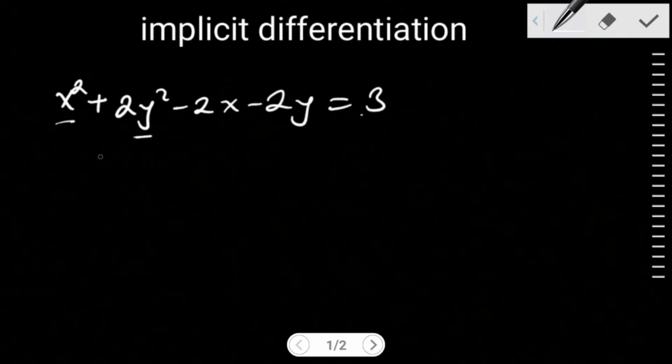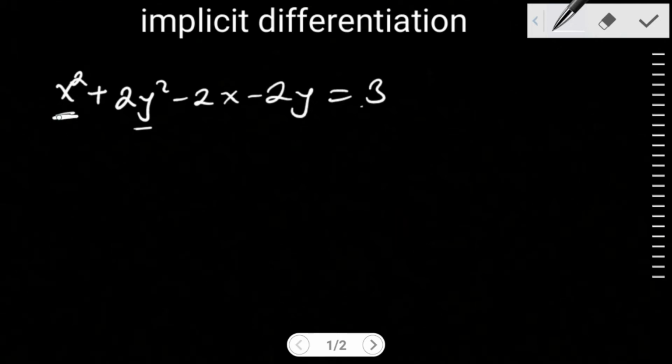Out of that, I'm going to be differentiating this with respect to x. If I differentiate, for example, y with respect to x, what I remain with will be dy/dx, because I'm differentiating with respect to x in this case.